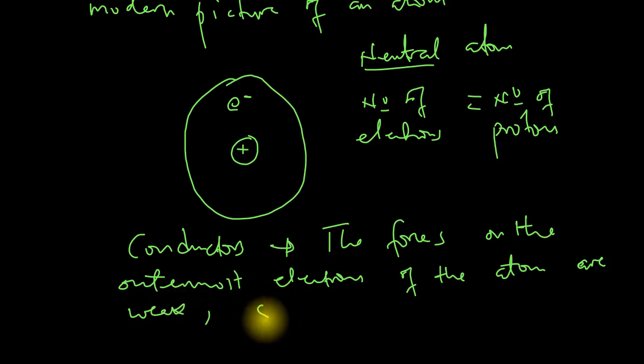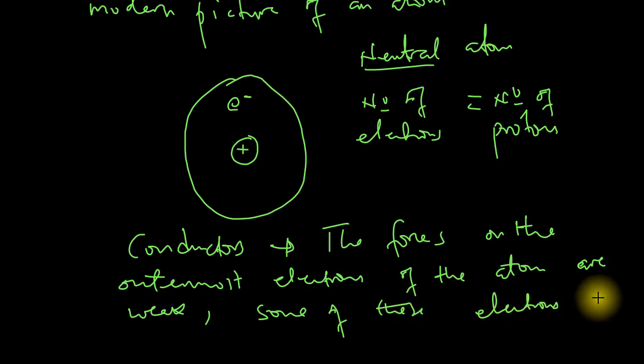That means some of these electrons can escape from the atom. So you have an atom, but the forces that are keeping these electrons around the nucleus, when they become weak, especially if you supply some heat energy or some other physical condition, these electrons can gain some energy and perhaps one of them could escape.